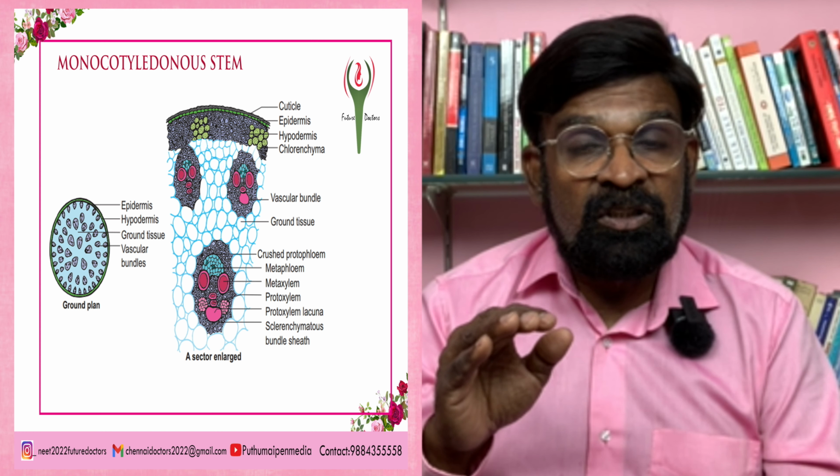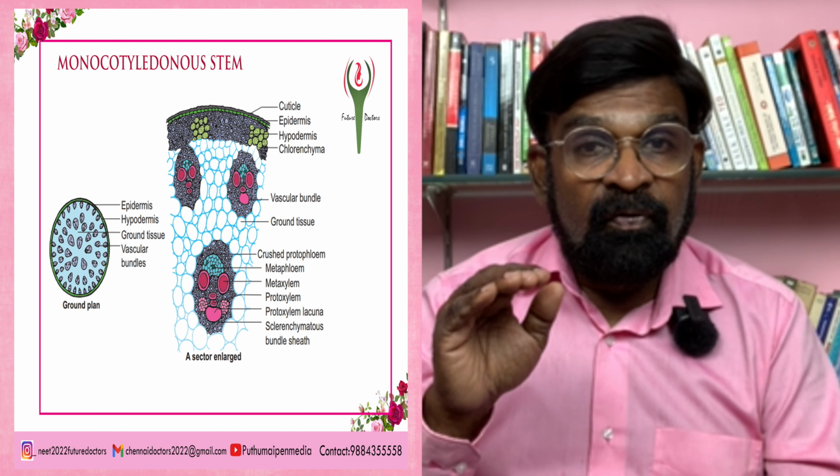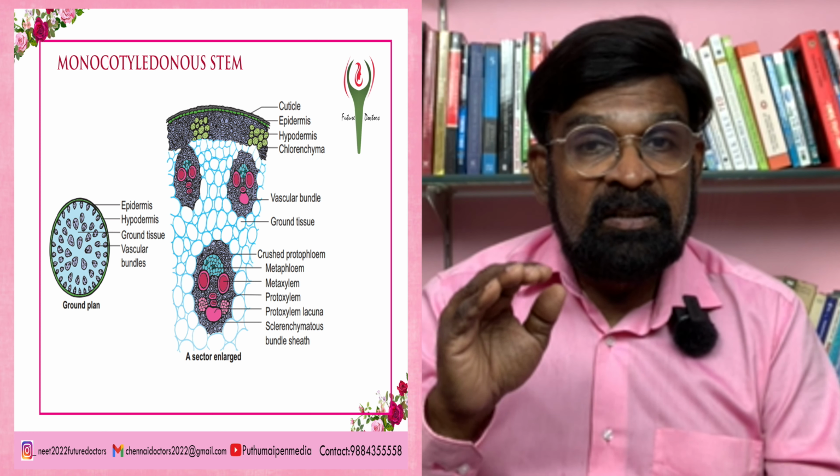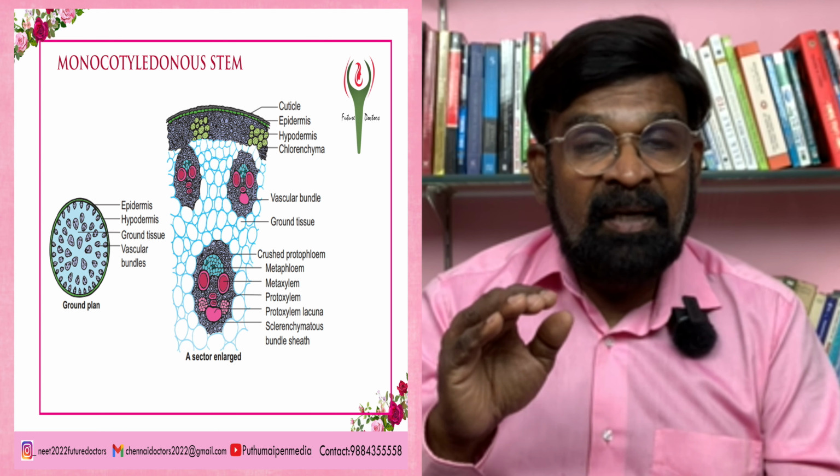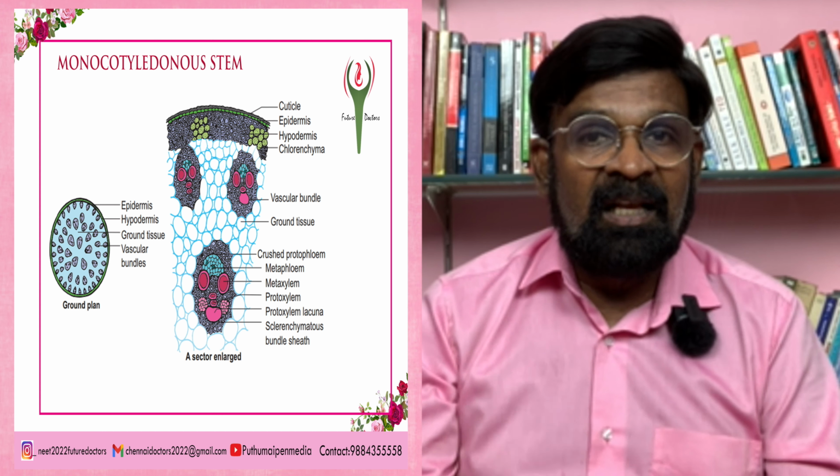It is meant for the conduction of water and minerals. The phloem is made up of sieve tubes, companion cells, phloem parenchyma and phloem fibers. They are surrounded by a layer of thick-walled cells arranged compactly, known as bundle sheath cells.